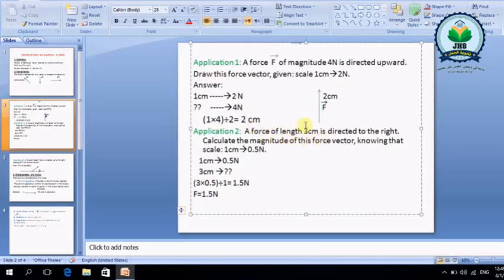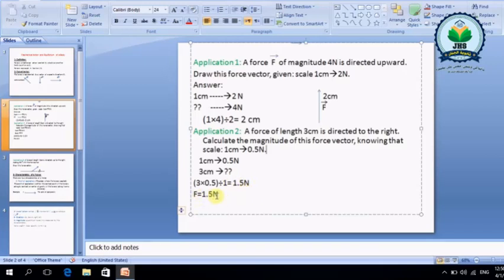How can I calculate its magnitude? We have its length 3 centimeter. So 3 centimeter, I put it under the 1 centimeter, centimeter under centimeter. I multiply 3 times 0.5 divided by 1. 3 times 0.5, 1.5. 1.5 divided by 1, 1.5 in Newton. So the magnitude of this force, 1.5 in Newton.